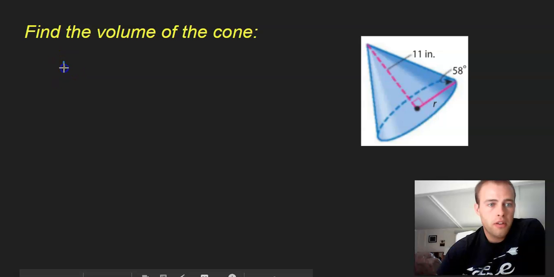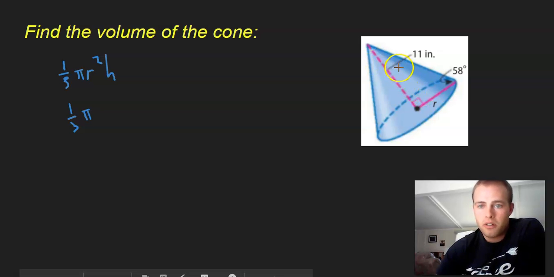We need 1/3 pi r squared h. One-third is just a number. Pi is just a number. Now you're looking for a way to find the radius.